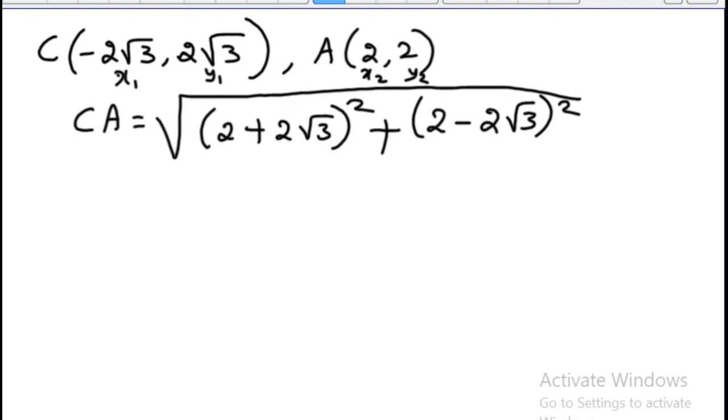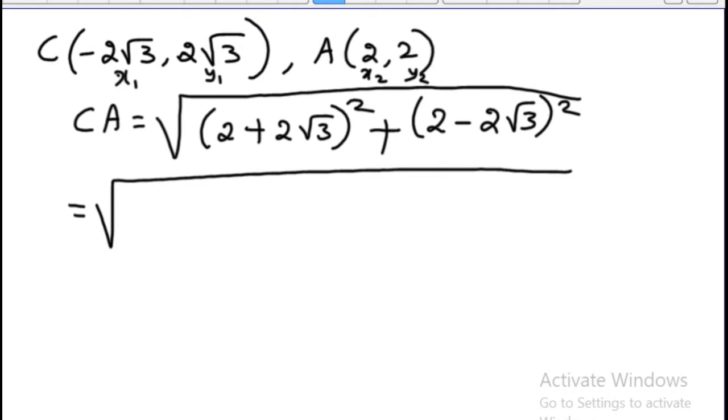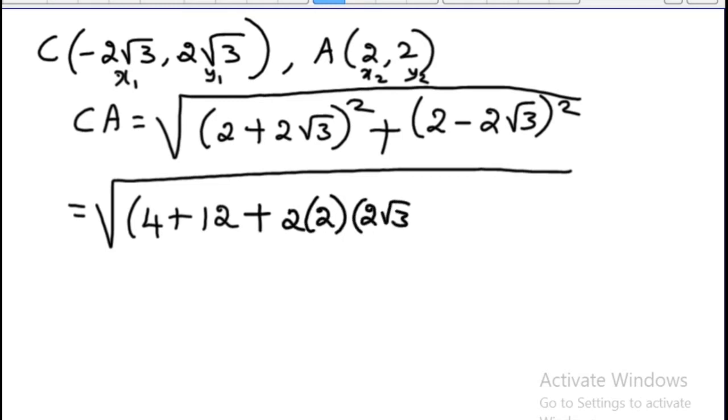Okay, again the same formula, (a plus b) whole square and (a minus b) whole square. So 2 square is 4, then plus (2 root 3) whole square. (2 root 3) whole square means again you will get 12. 2 twos are 4 and root 3 into root 3 you will get 3, so 12. Then plus 2ab, and the same but here minus.